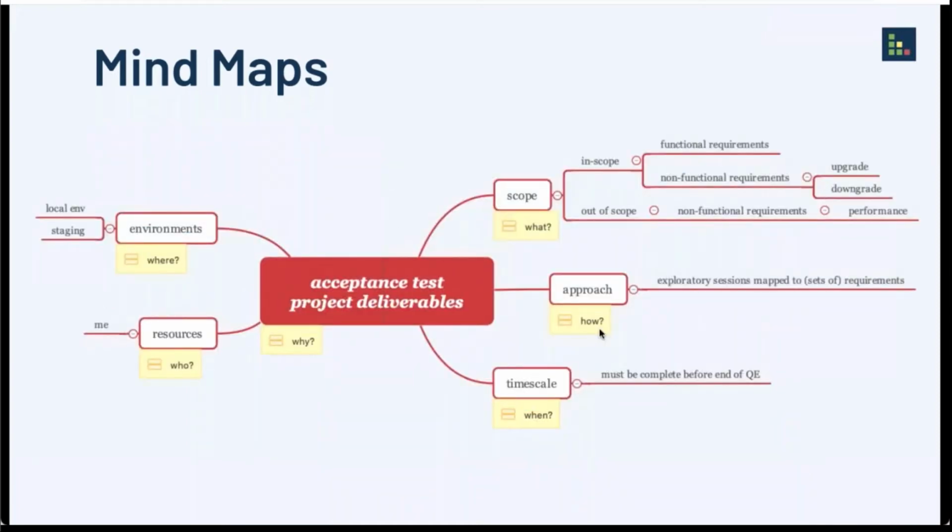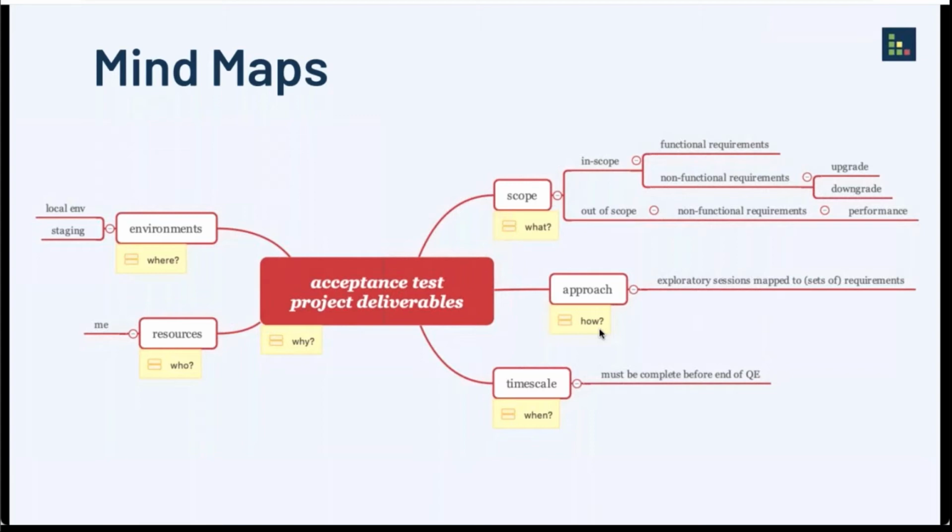This is another example of how you could start to piece together a mind map around a test plan, where you want to make sure you identify things like, why are you doing this? That might be your central node. Then it's going to be really important to define what's in scope.